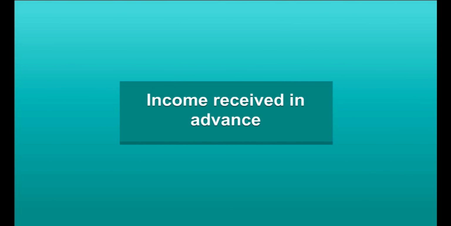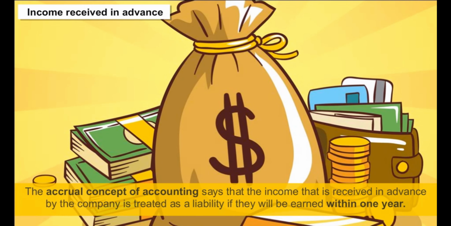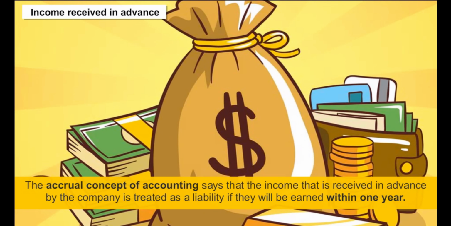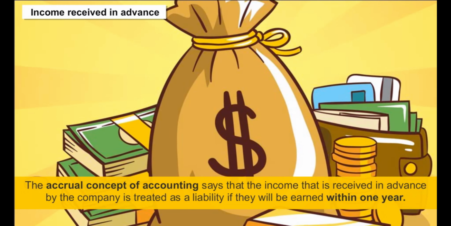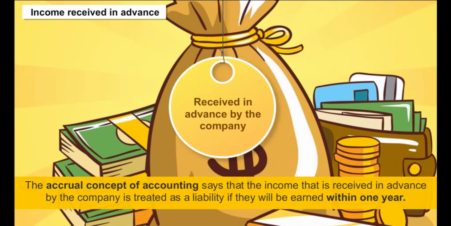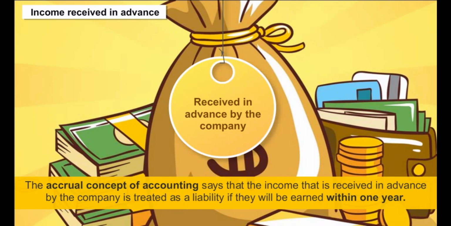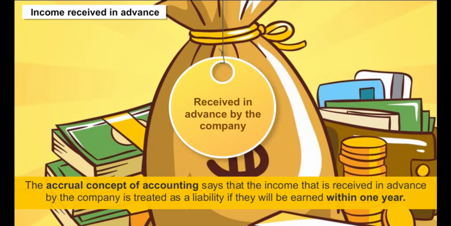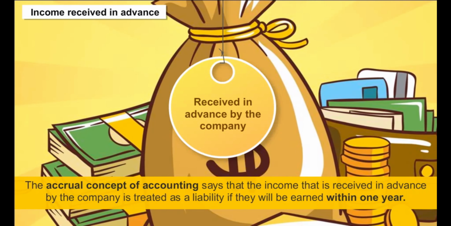Income received in advance. The accrual concept of accounting says that the income that is received in advance by the company is treated as a liability if it will be earned within 1 year.